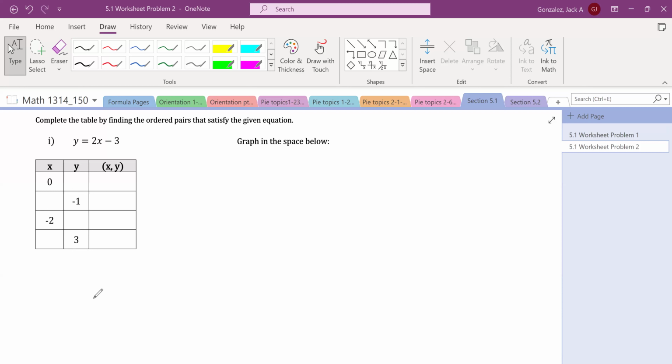Okay, let's do number 2. Number 2 for X. I can understand, those are pretty easy. X here is -3.